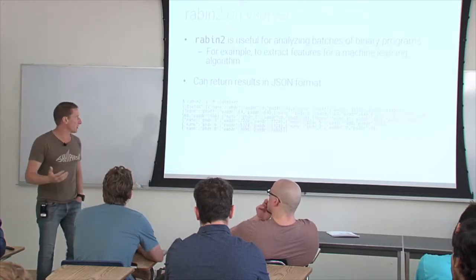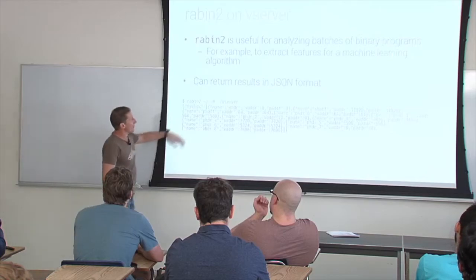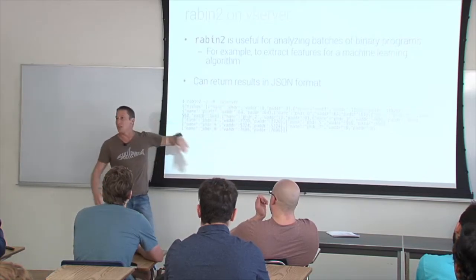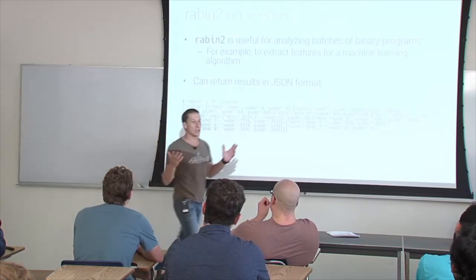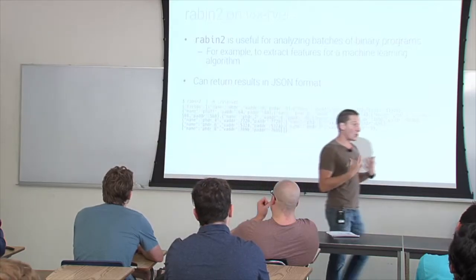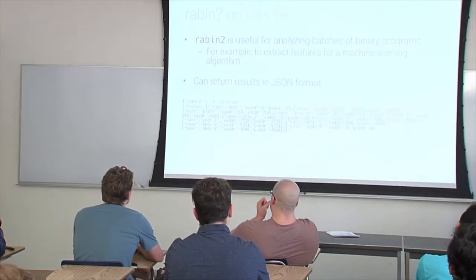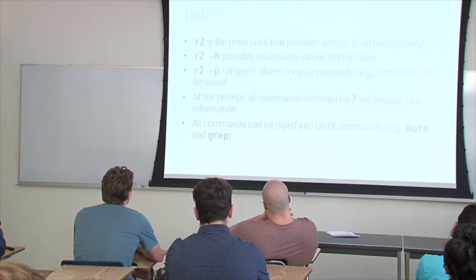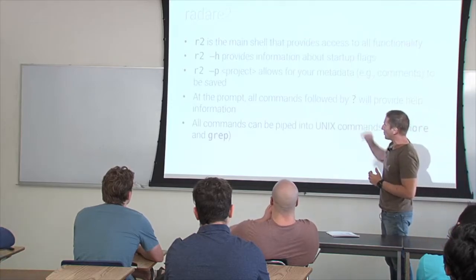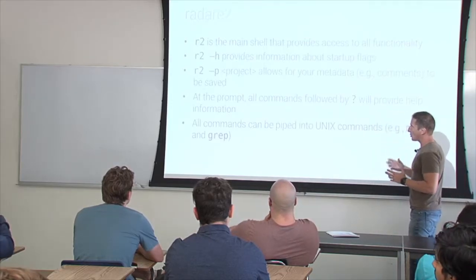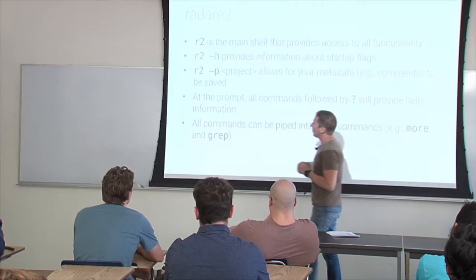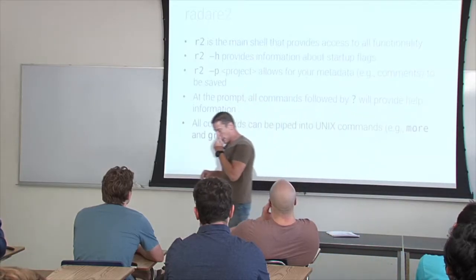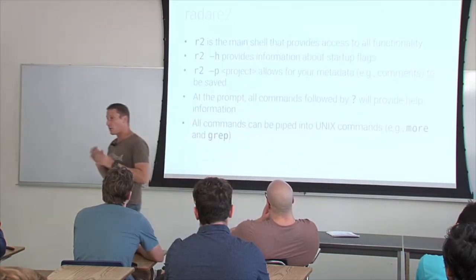If you want to learn, for example, whether certain headers are indicative of a file being malicious or not, you can use this as a way to extract information in an automated fashion. But the actual main use is radare2 or r2, which is the main shell. Two things to know. There is a pretty complete help system even when you use it.